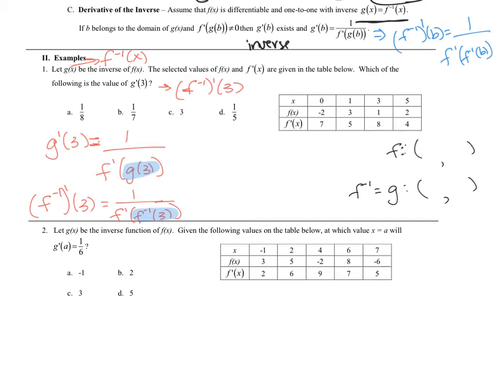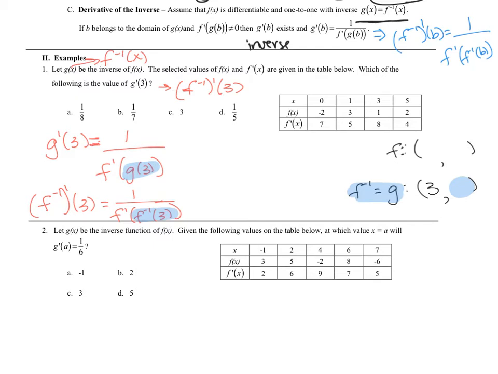So the first part of this derivative formula is that I have to evaluate the inverse at 3. In other words, my goal is to figure out what the output is when I put 3 into the inverse function. Right, I have to evaluate g of 3 or f inverse of 3.